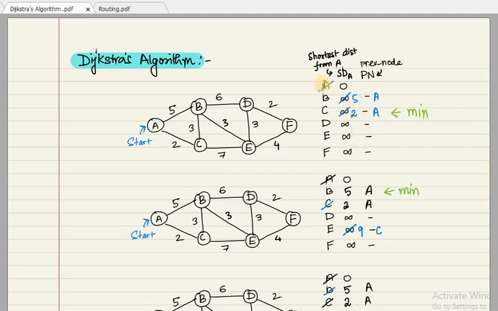Because A has already been visited, or A has already been computed. So you no longer need to concentrate on A anymore. So you just discard this record, take the rest and take the minimum value. Of course 2 is minimum, 5 is greater than 2, infinity is greater than 2, so 2 is the minimum. So now we have to compute for C.